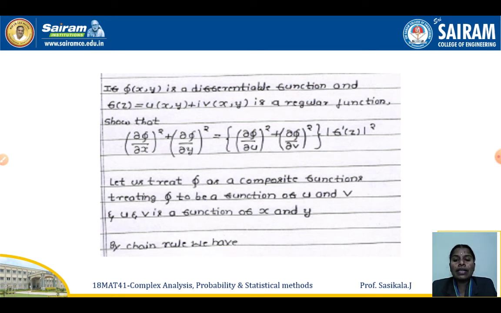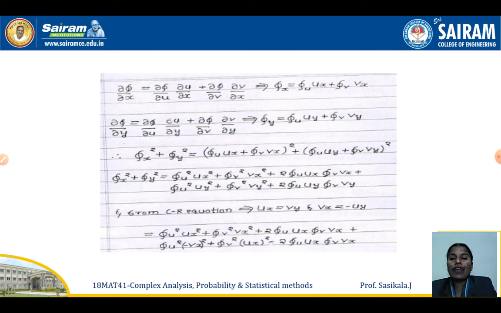Okay. So what is that? First we can take phi as a composite function, because it is given in terms of x and y. To be replaced here, you have to take it in terms of u and v. So I am taking phi as a composite function, treating u and v as functions of x and y. So by chain rule you can apply: dou phi by dou x is phi with respect to u, again u with respect to x.